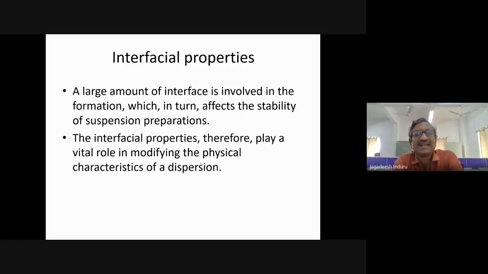Because of this, the interface between your continuous phase and dispersed phase is very high, and that is going to affect the suspension preparation and stability. So the interfacial properties play an important, vital role in modifying the physical characteristics of the dispersion. That is the reason we need to consider them with due care.